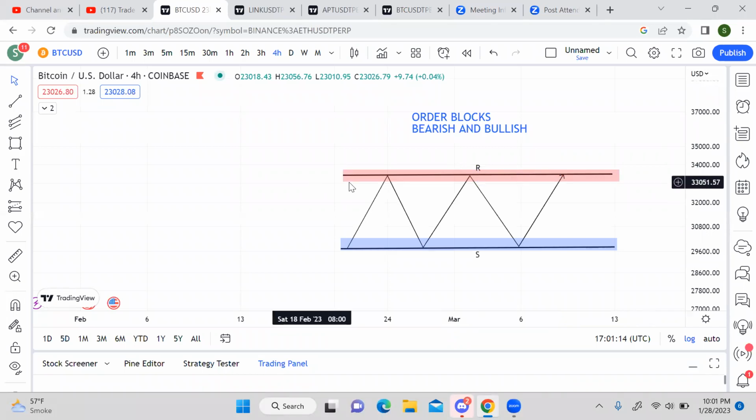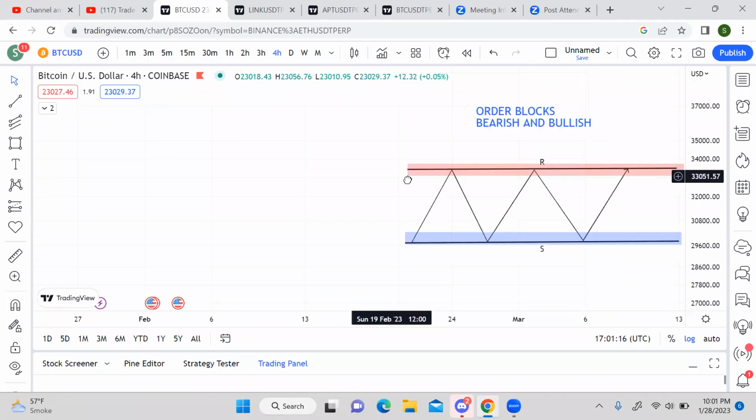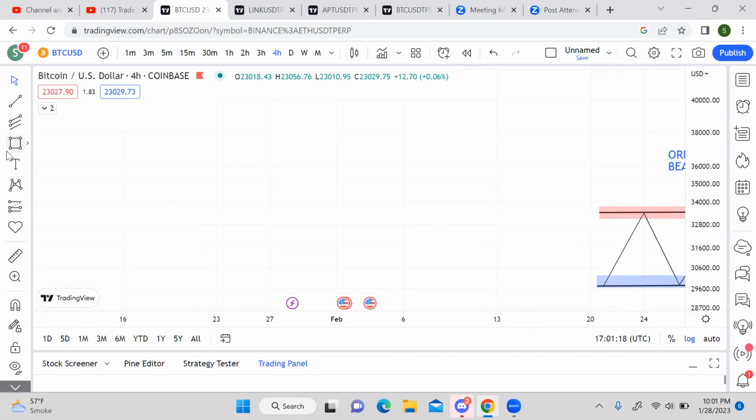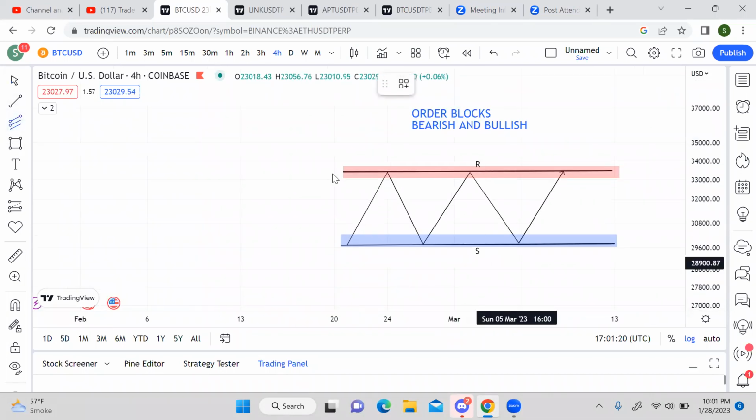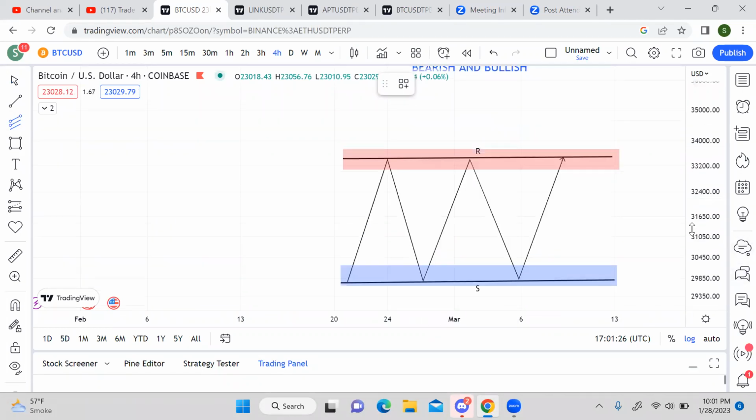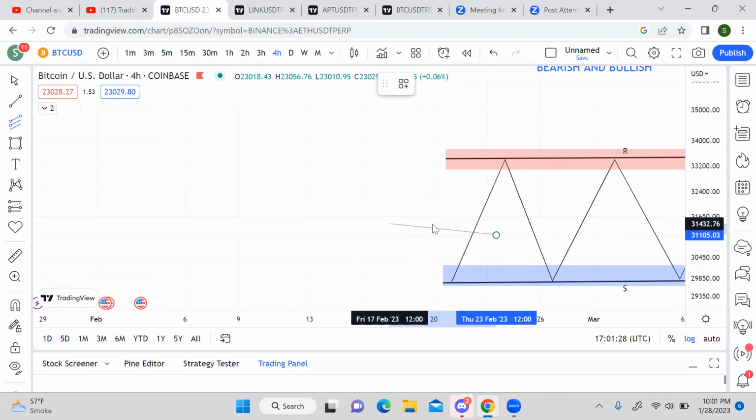Now after this price action, I'm moving towards higher highs and higher lows. Before going towards higher highs and higher lows, I will give you a quick example and let me show you what this is.